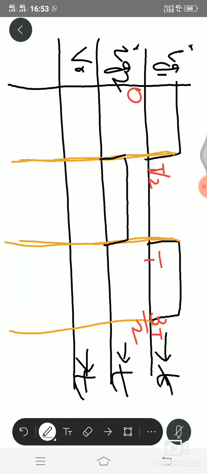Write down the durations. These are the durations. Time: 0, T by 2, T and then 3T by 2. So IG1 means the gate pulse given to thyristor T1. IG2 means the gate pulse given to thyristor T2. Right?